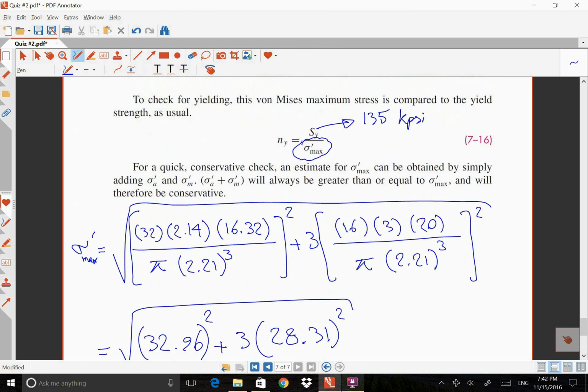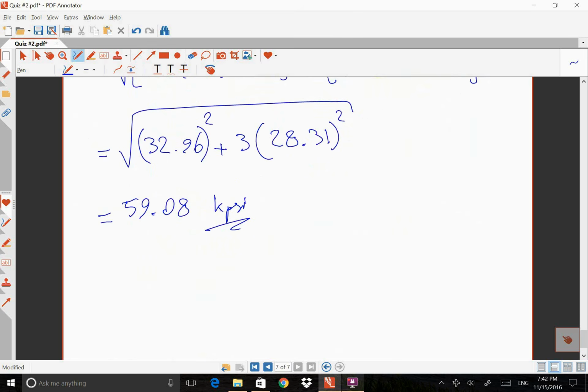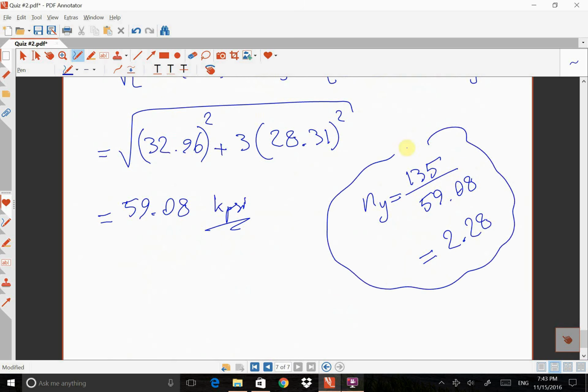And I can come here and find ny. So ny will be Sy, 135, over 59.08, and they must have the same unit, and the answer is 2.28. And this is how we checked for the yielding.